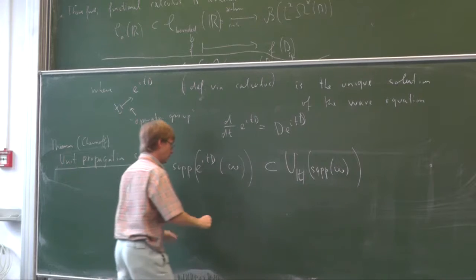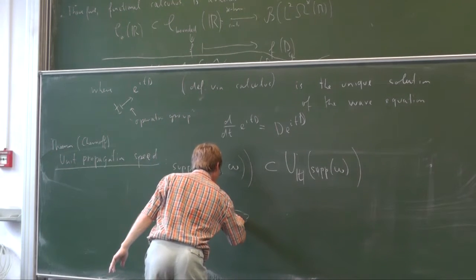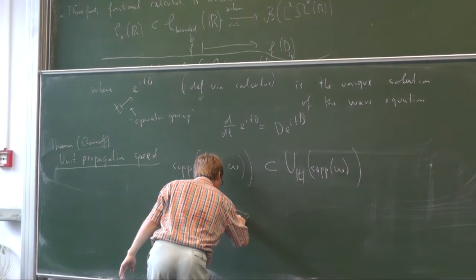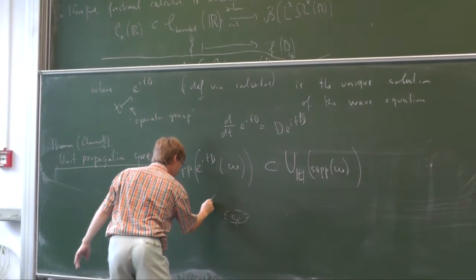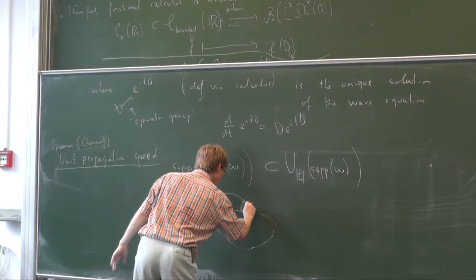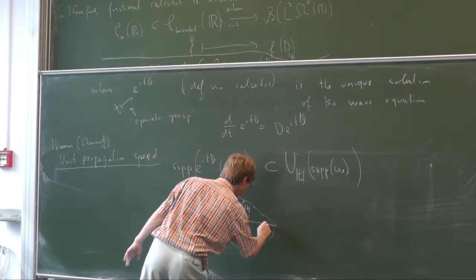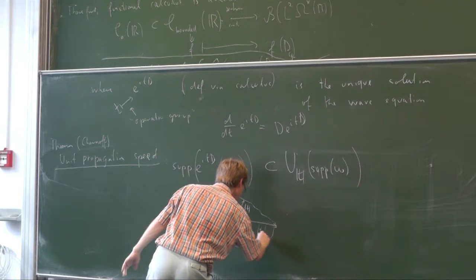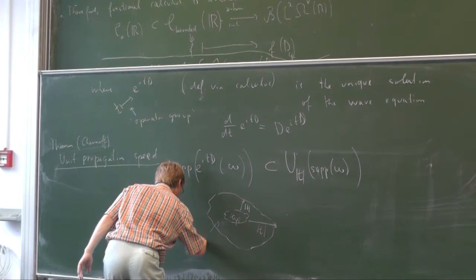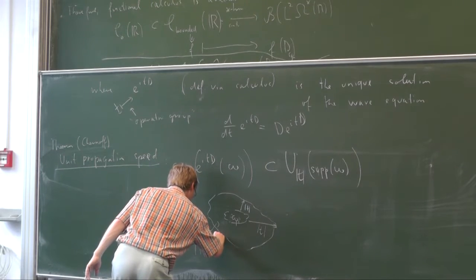So again, we have here the support, here is omega, and then that's the neighborhood multiplied with t, and inside this is the support of e to the itD omega.